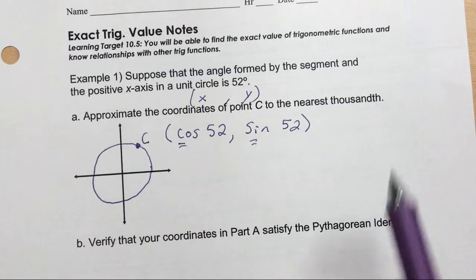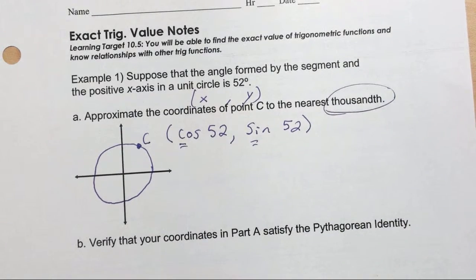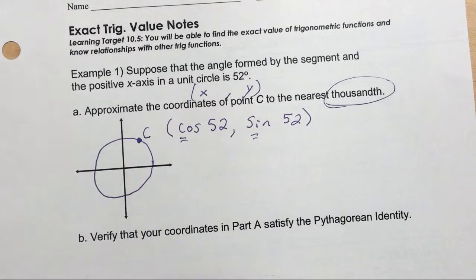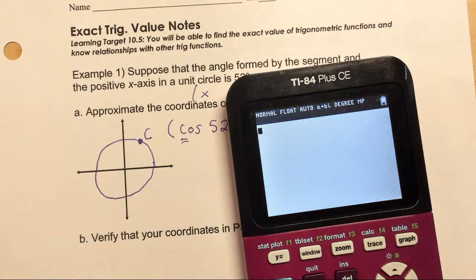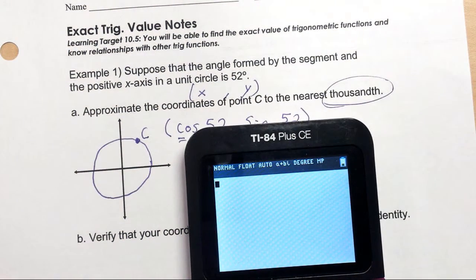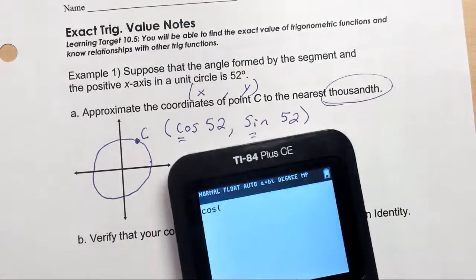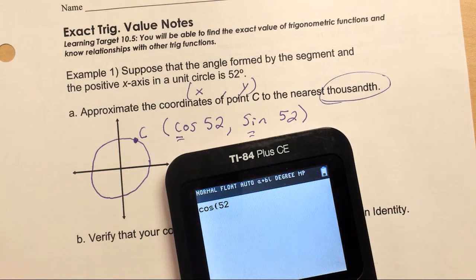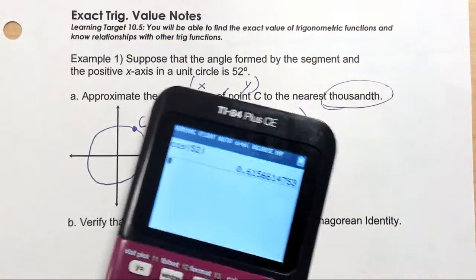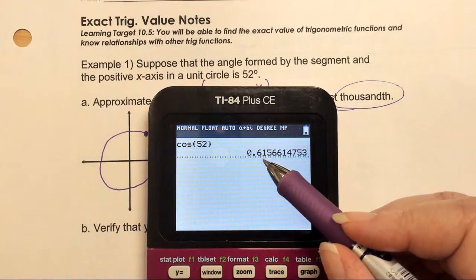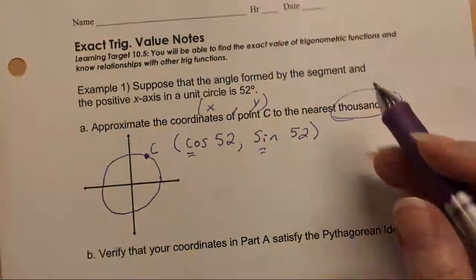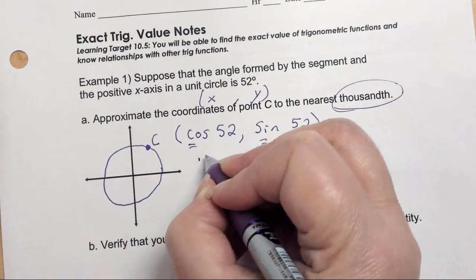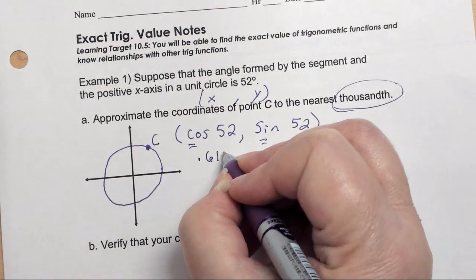So it says we are going to do it to the nearest thousandth. So in our calculator, we're going to do cosine of 52. To the nearest thousandth, we have 0.616.